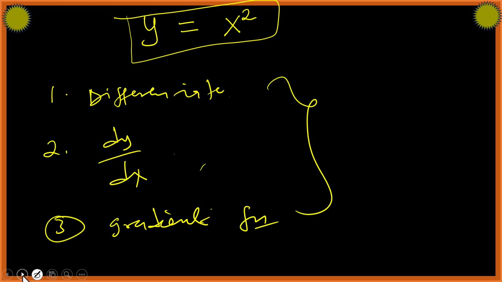Now let's look at the rule for differentiation. The simple rule, in case you are asked to differentiate, let's say y equals x squared. Pay attention here, this one is very simple.